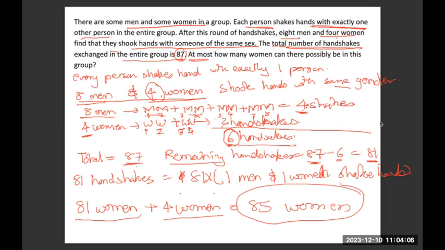I don't know why they've written at most, but the way I see it, if there are 87 handshakes happening, it cannot be more than 85 or even less than 85. That holds if we are assuming that there are only men and women in the group. Only from that assumption.